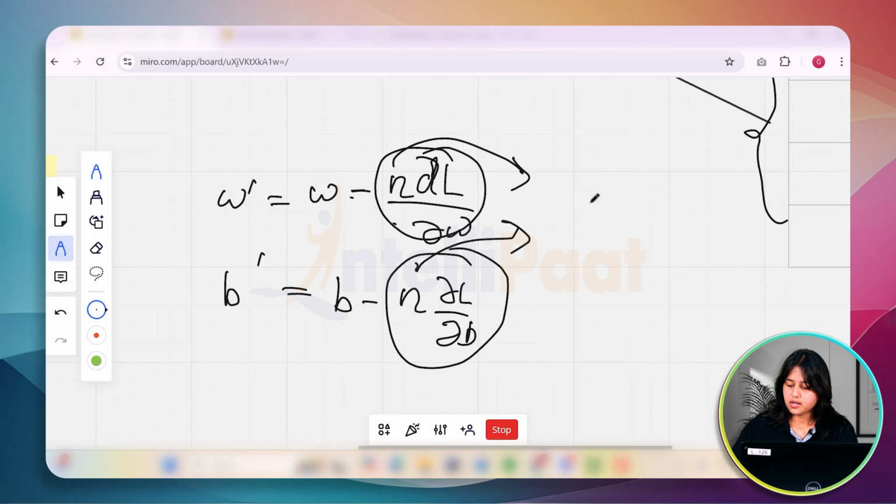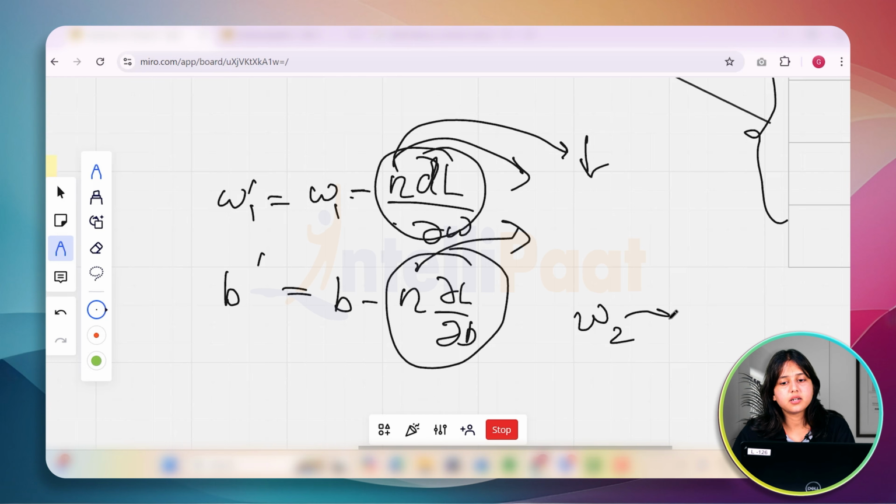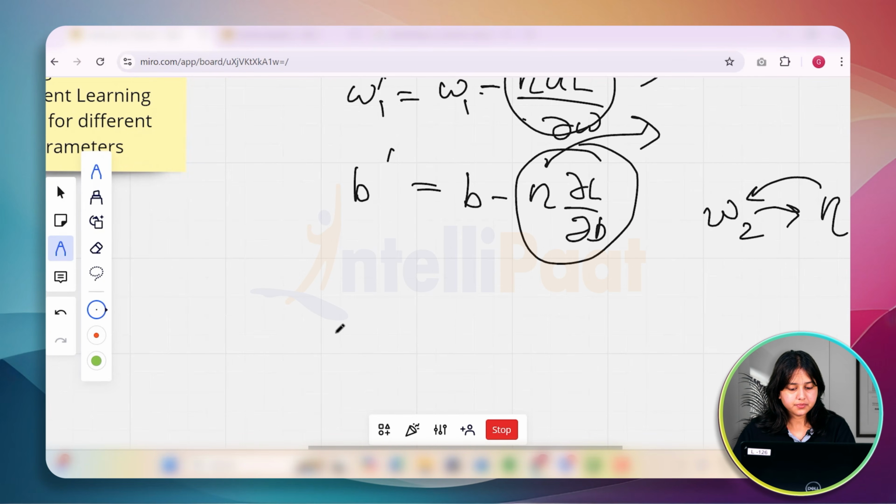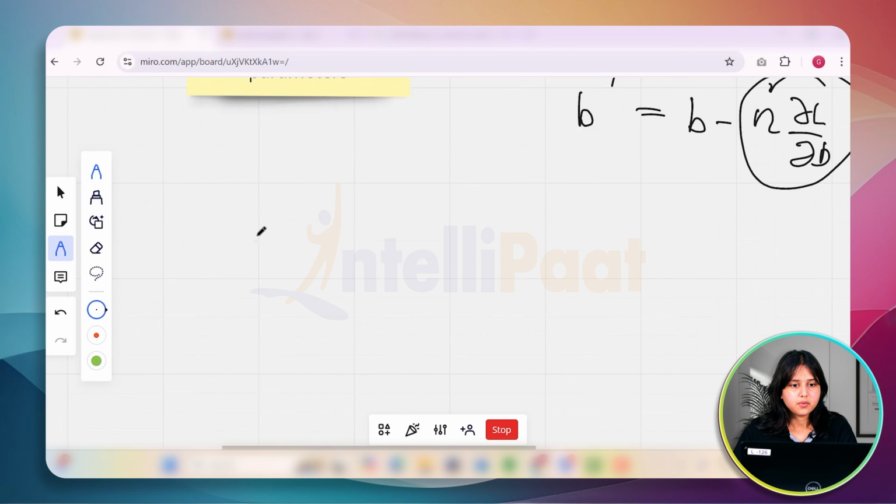Whenever our optimizer determines that our update is too big, it will simply go and reduce our learning rate. So whichever parameter, let's call it W1. In case our W2 is having a really large update, our algorithm will go ahead and decrease the learning rate for this specific parameter. So this is what AdaGrad does. Let's see what the mathematics behind this is.